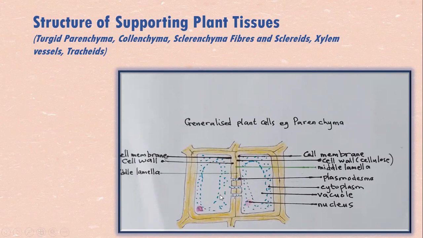This is a characteristic of parenchyma cells. And these plasmodesmata are gaps that have cytoplasmic strands. So cytoplasm streams from one cell to another through these plasmodesmata.